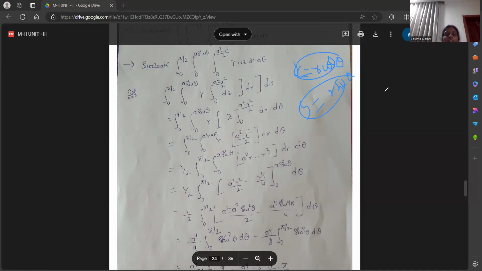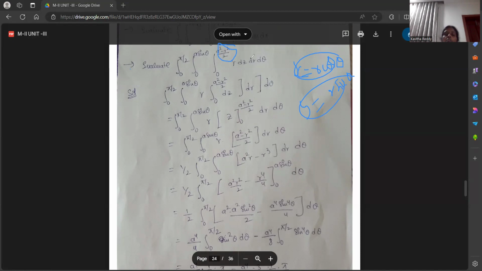Then apply the limits, 0 to pi by 2, integral of 0 to a sine theta, r integral of, then separate, first integrate. Why? Because you need to integrate with respect to dz. Observe here, the limits are in terms of (a square minus r square) by 2, which means numerical values and r is there.